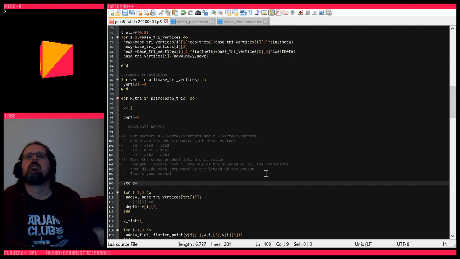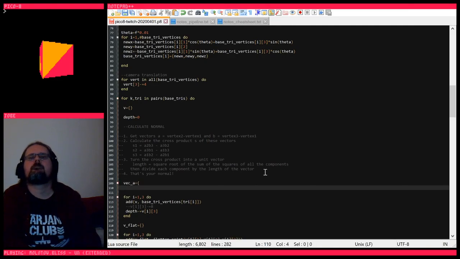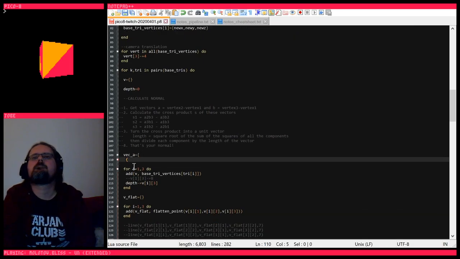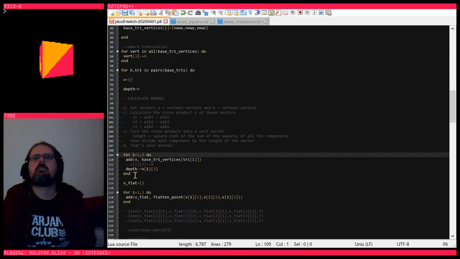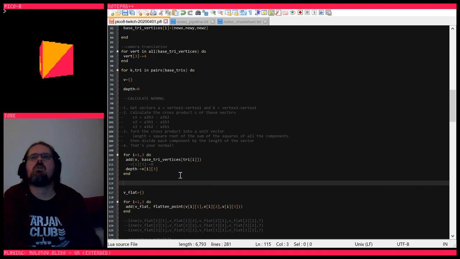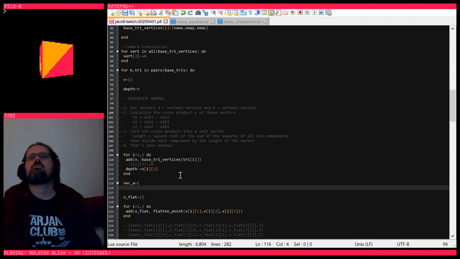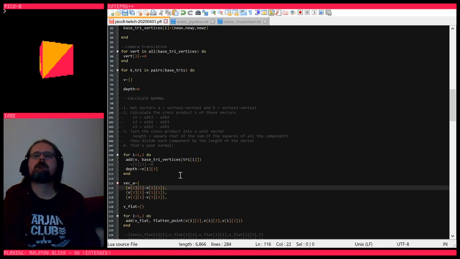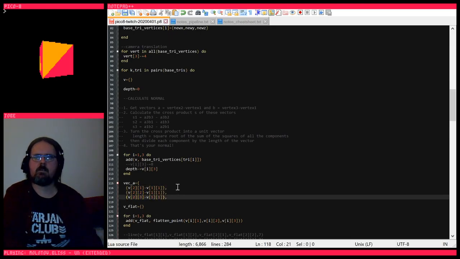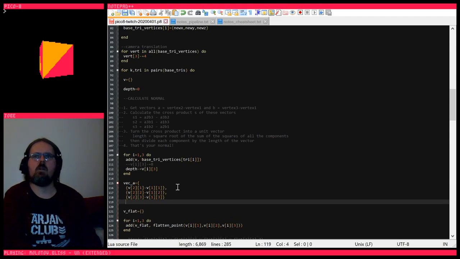Vector A is going to be V2 minus V1, and that's the X, and then the Y and the Z. That's our first vector.